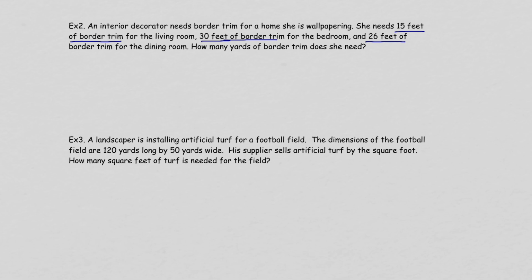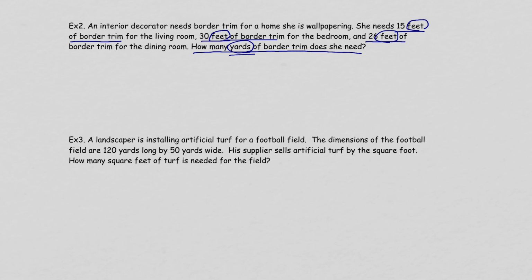So this is given. But then what they're asking is how many yards of border trim does she need? So this is separately given from the different rooms, but they wanted to find out the total, right? But the unit was given with the feet, but they're asking you to find with the yard.